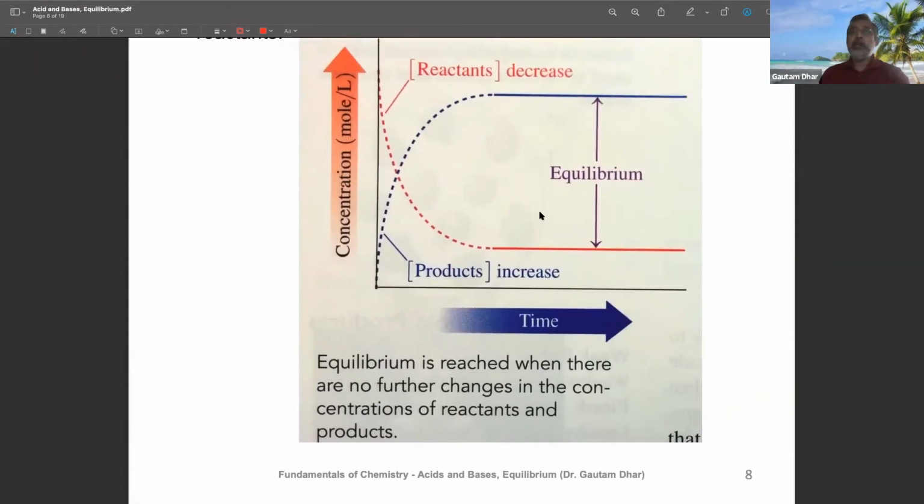Now, one thing you can see is that when equilibrium is attained, it's basically like investing in a product: you are not going to get any more product. There will be no increase in product anymore. So equilibrium is basically a killer.